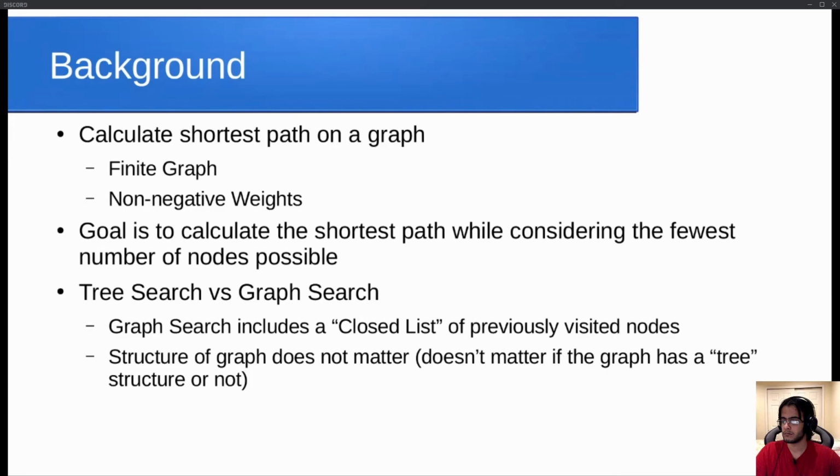In this case, when we talk about tree search and graph search, we're not referring to that. We're just referring to whether we keep something called a closed list, which is essentially a list of nodes we've already visited. So that's a common point of confusion. We're just going to be referring to graph search. So going forward, we're going to have this concept of a closed list.